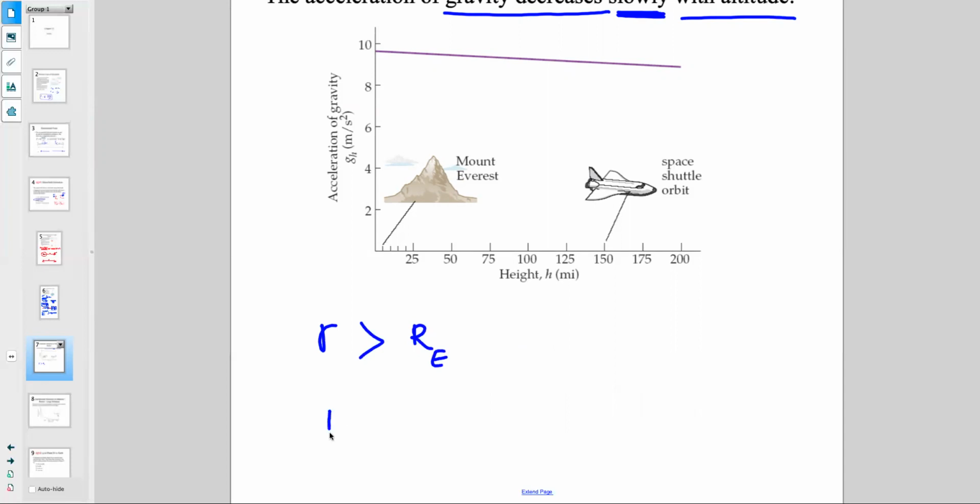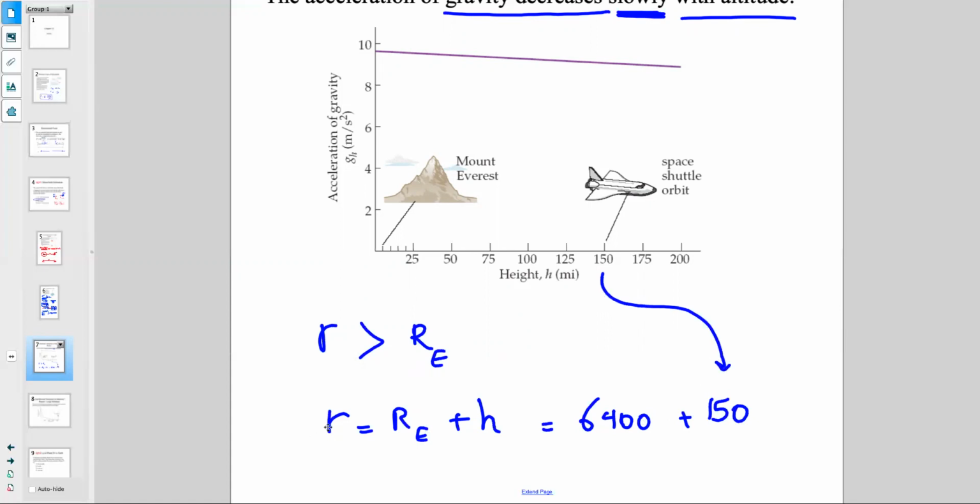In other words, your R is not only the radius of the Earth, but you also have a height. For example, for the space shuttle, you have 150 kilometers above the Earth's surface. So not only do you have 6,400 or 500 kilometers, the radius of the Earth, but you are also at some height, in this case 150. So this would be your R.